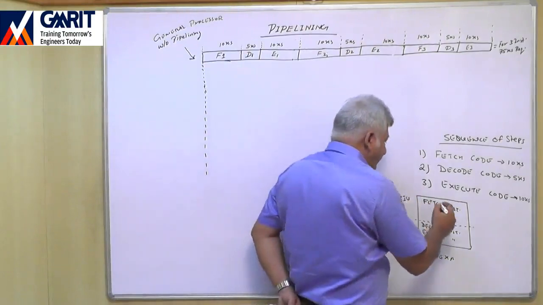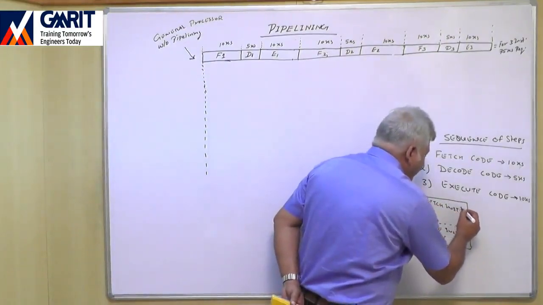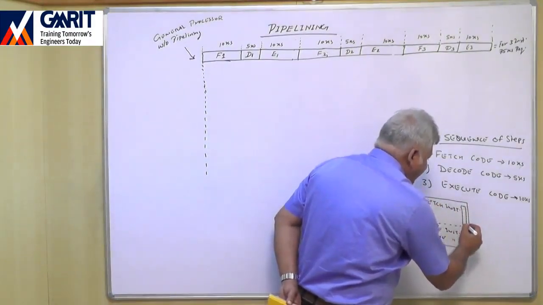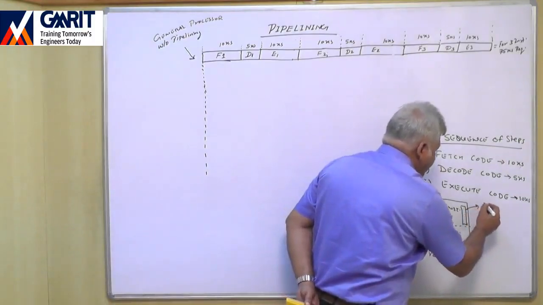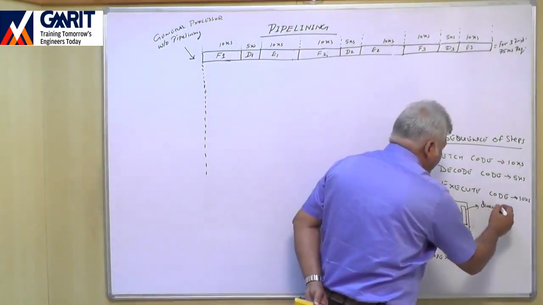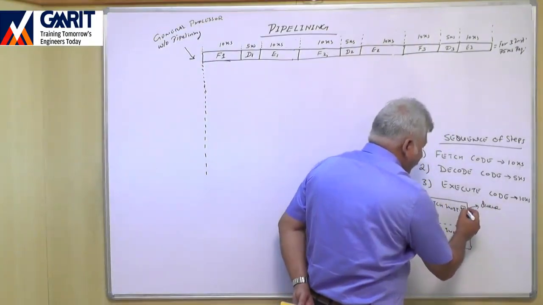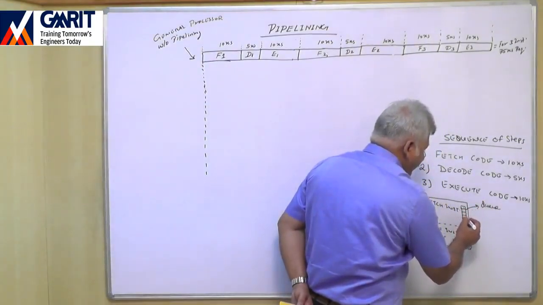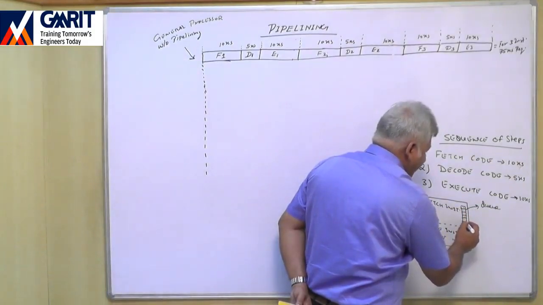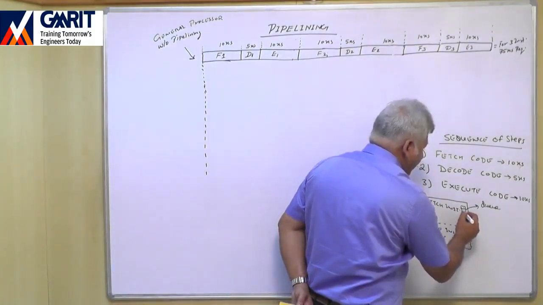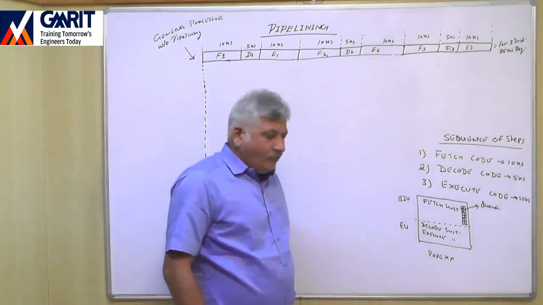Inside this bus interface unit there is a queue. This is a 6 byte queue, right? 1, 2, 3, 4, 5, 6.